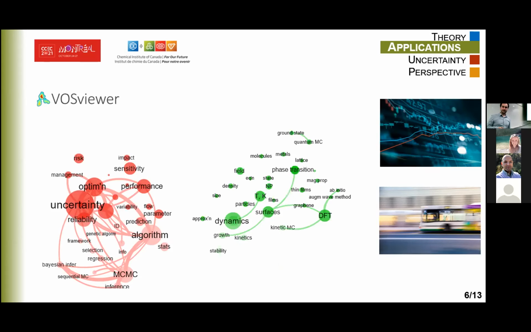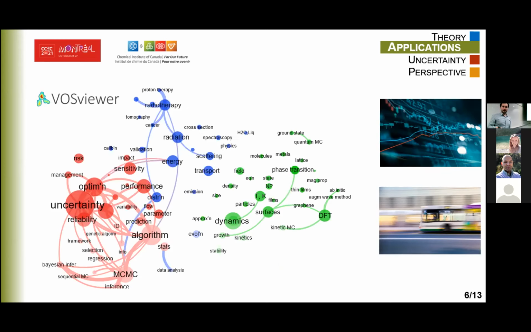Then we see a lot of applications also related to density functional theory and kinetics. And as we talked before, we have also energy applications, especially in the nuclear field. So we have radiation, radiotherapy, as well as medical applications like cancer treatment.